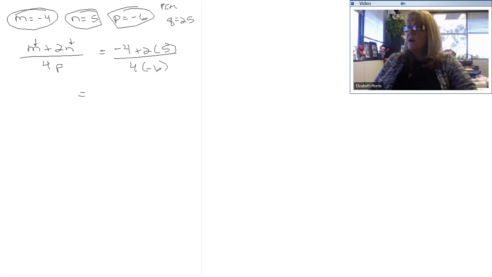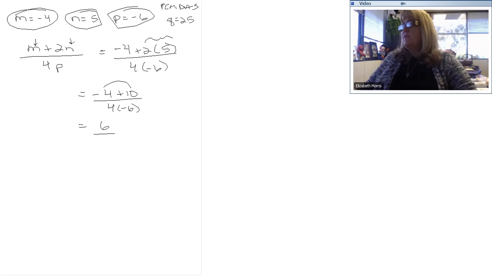According to PEMDAS, I would do the multiplication first. So I get -4 plus 10. Okay, I'm just doing the top first. On top, now I can add, and I get 6. Subtract the smaller from the larger, keep the sign of the larger. Now, on the bottom, all I have is 4 times -6. So that is just going to be -24.